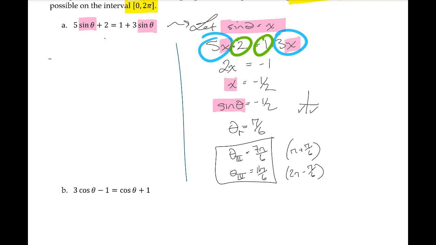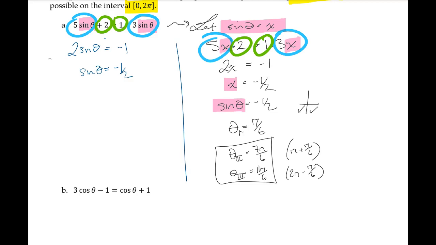I probably would have just gone straight to the part where I'm identifying like terms and writing 2 sine theta equals -1. So sine theta equals -1/2. And I would end up in the same place as I had right here. Okay, it just gets there a little faster.